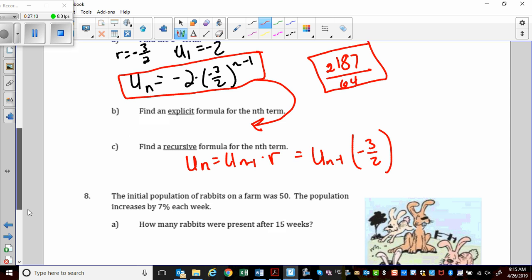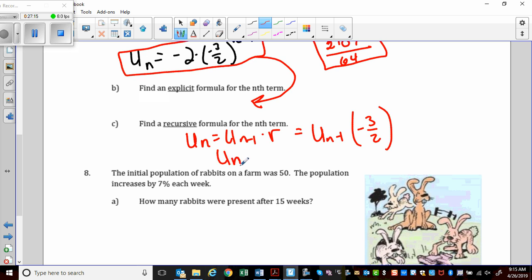I'm just going to bring that in front. U sub n equals negative 3 over 2 times u sub n minus 1. And now we just circle this.